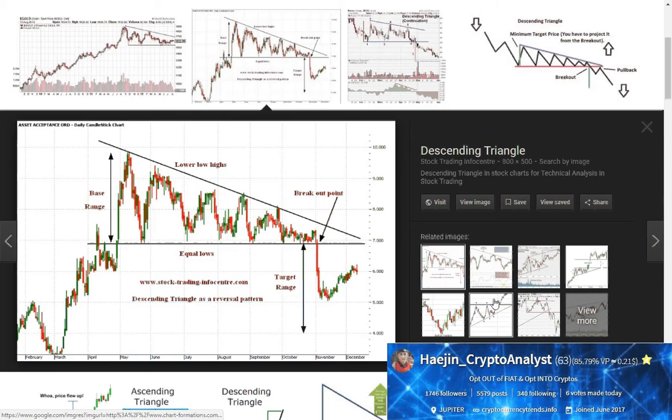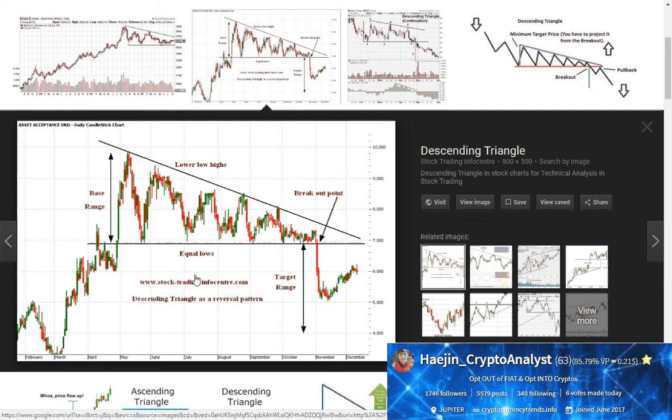So here it is. This is something that I found by image search on Google. Here is the price where you see a lot of overlapping corrections going on. And you draw the line across the bottom and the tops of the prices.